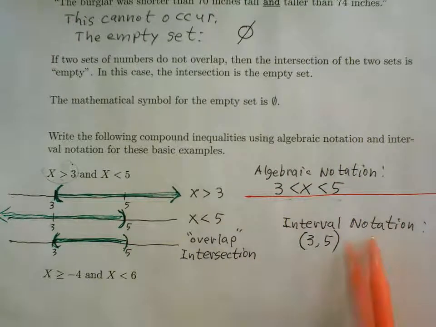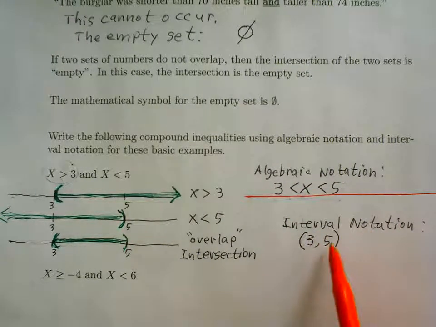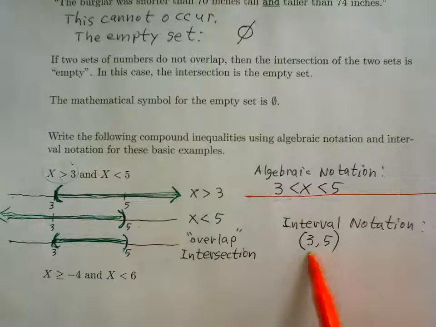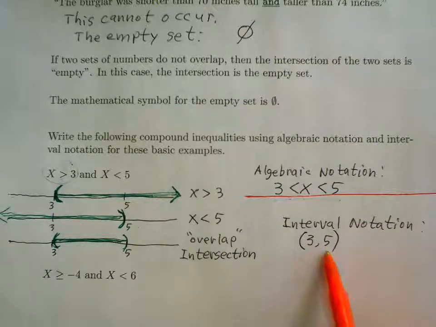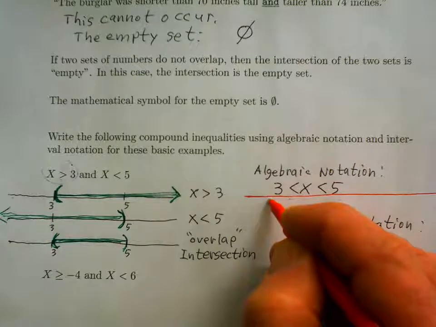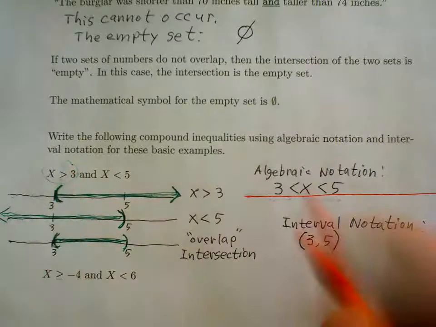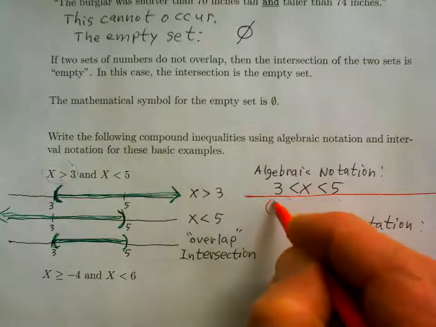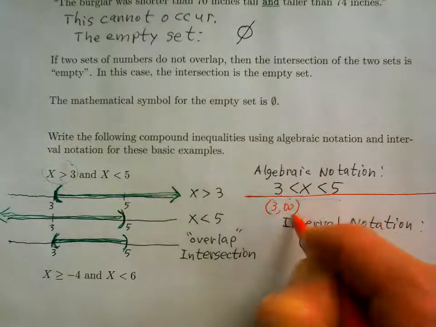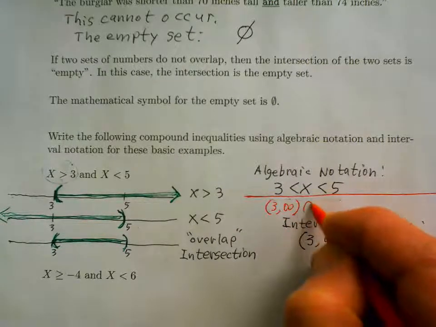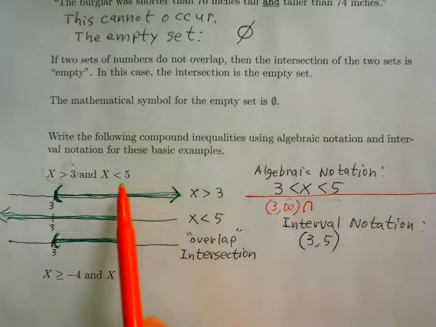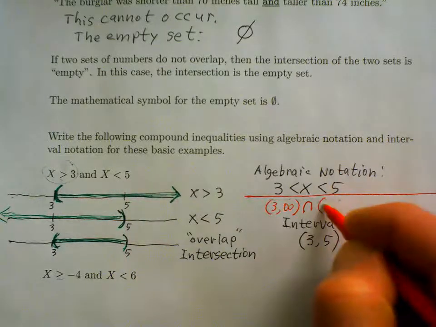There's another way to write the interval notation that means the same thing as this set of numbers, 3, comma 5 in parentheses. We could write x greater than 3 as parenthesis 3, comma infinity, then the intersection symbol, and then x is less than 5, that's negative infinity, comma 5.